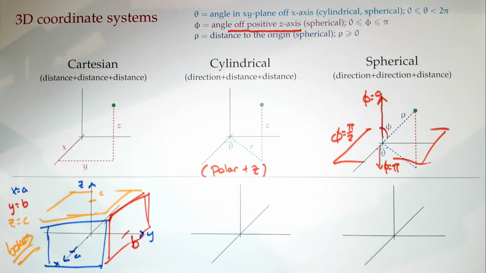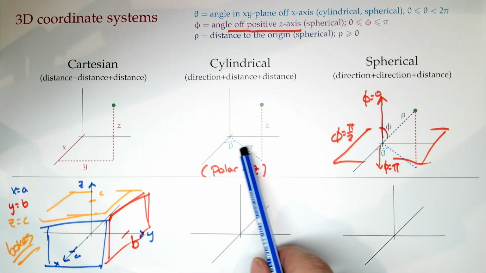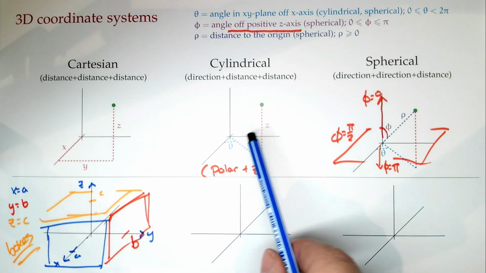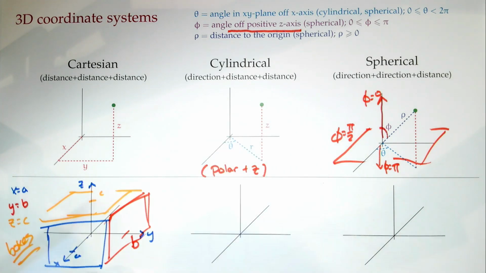Okay, so that was Cartesian. Let's talk about cylindrical. Are any of these three variables, or rather parameters, theta, r, and z, easy to figure out what happens?